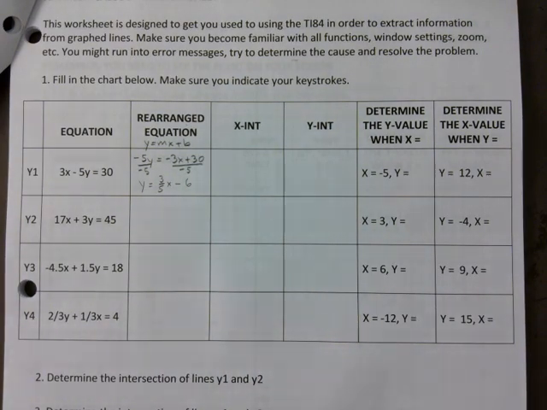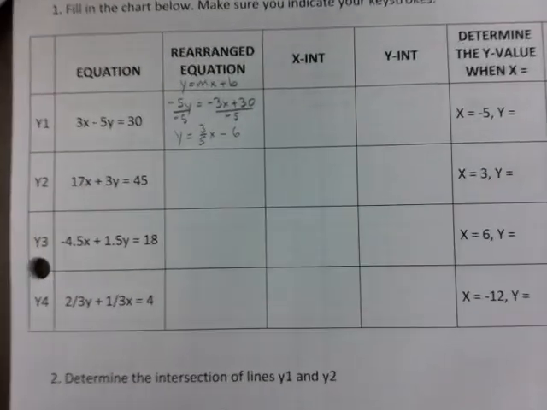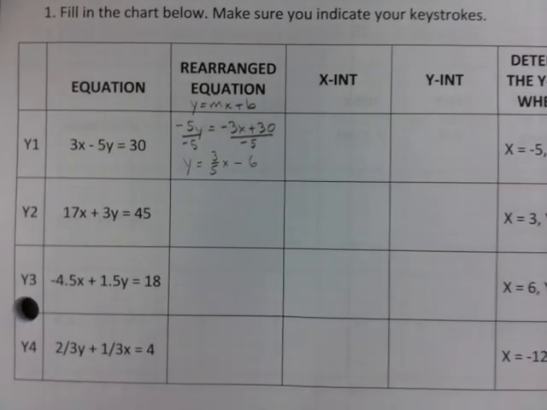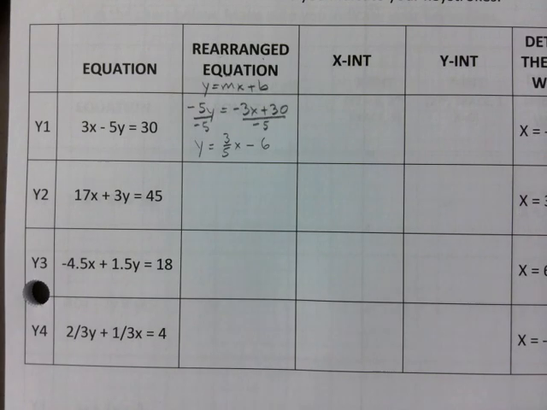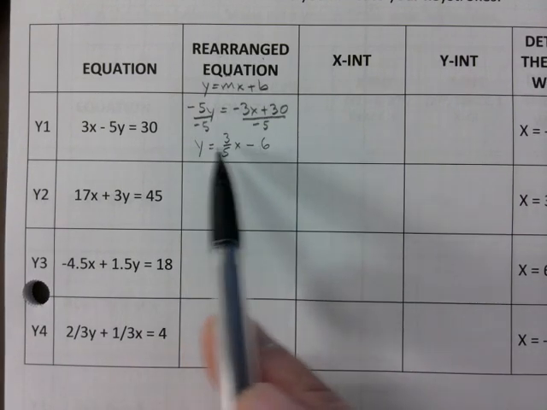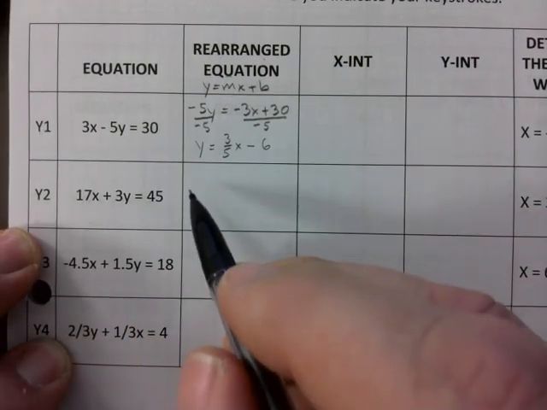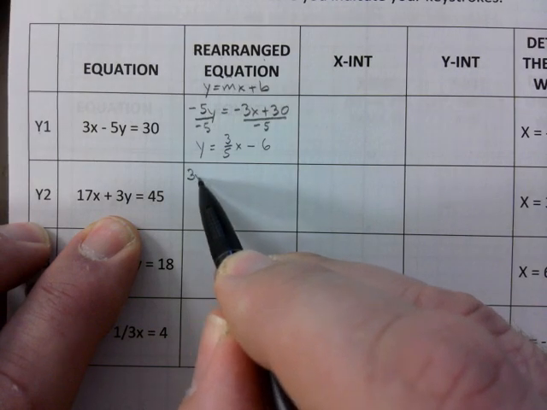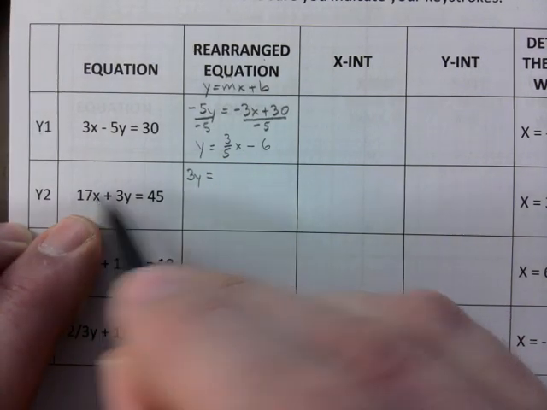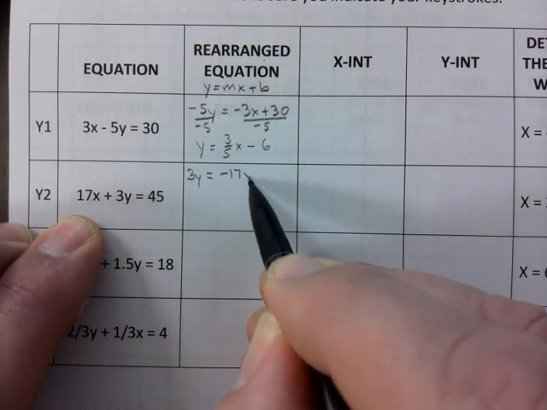Can you see that? Let me zoom in a little bit. Is that better? Okay, so this is the one you're going to enter for y1. And next one here, 3y is equal to, the 17x comes over subtracting.